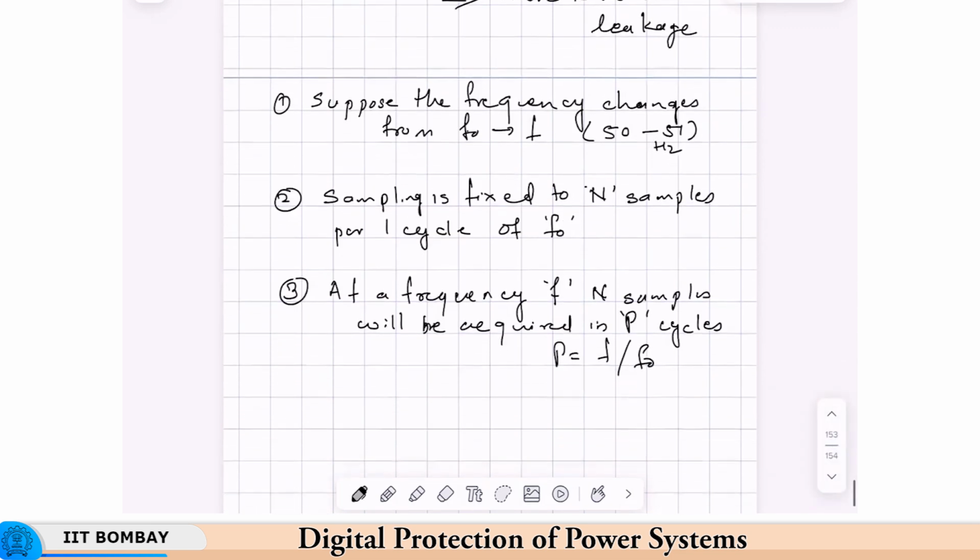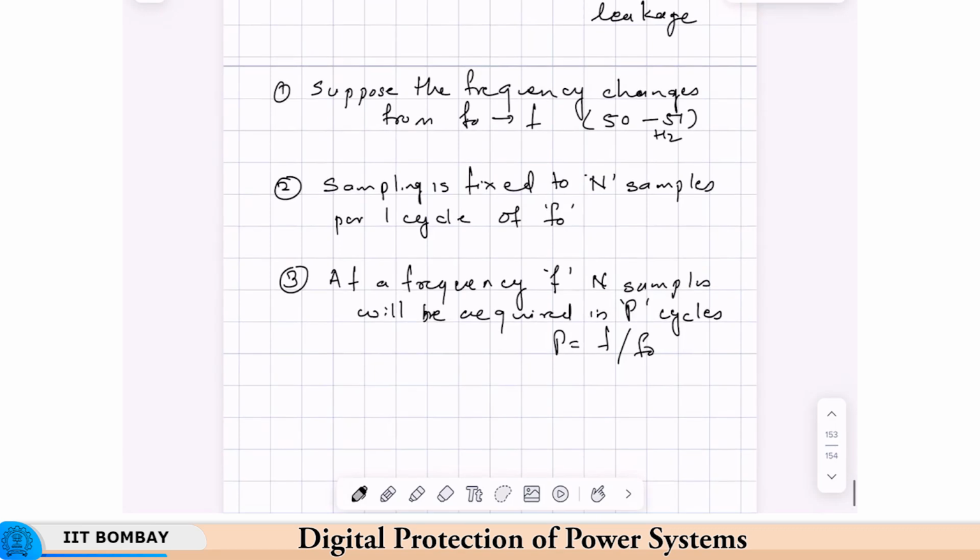Okay. So, if f is 51, then p is equal to 51 by 50. I mean, just in that example, otherwise p is equal to f by f naught. Okay.